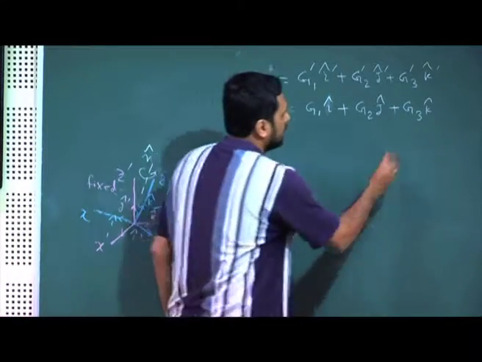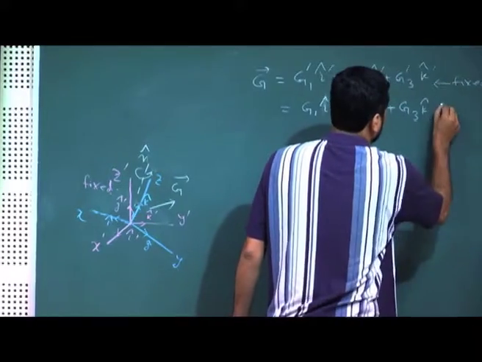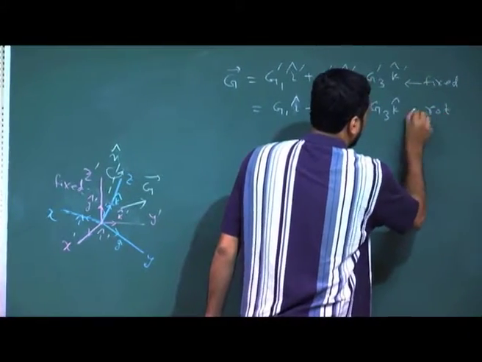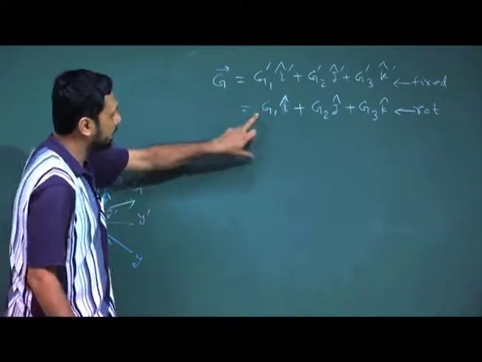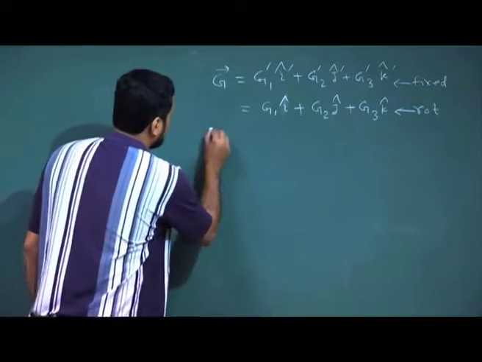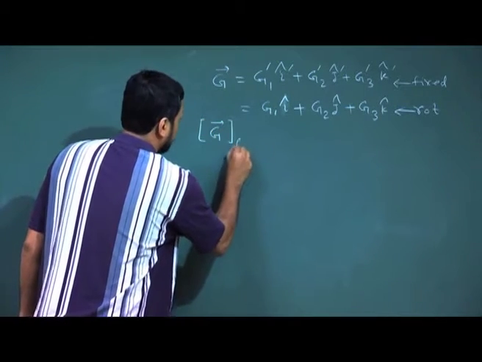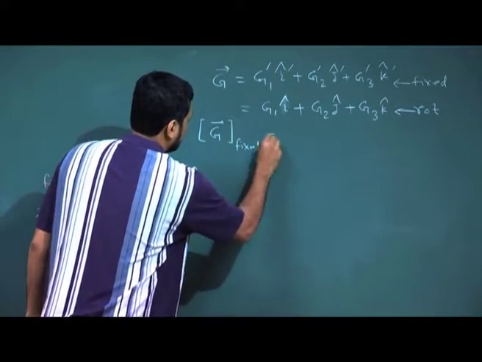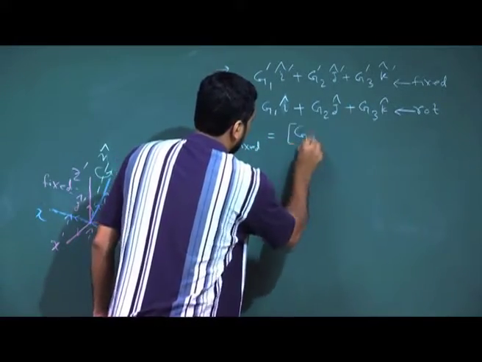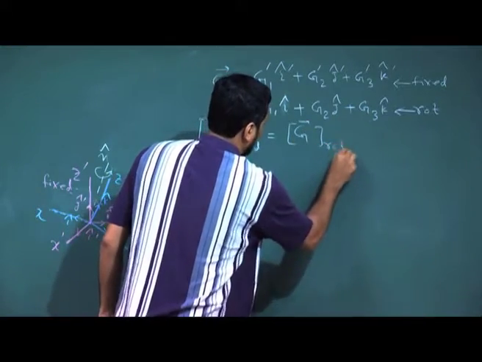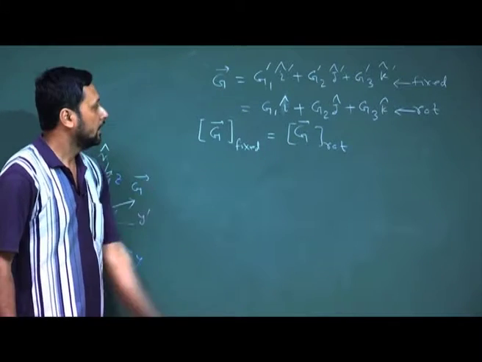This is in the fixed frame and this is in the rotating frame. The equation I have written here is equivalent to writing G fixed, which is the vector G in the fixed frame, equal to G rot, the vector G in the rotating coordinate system.